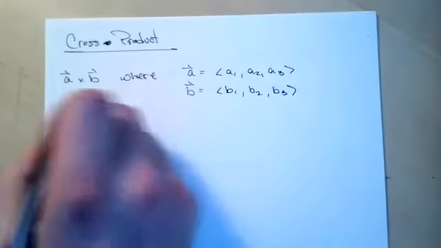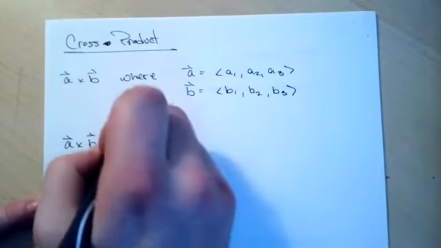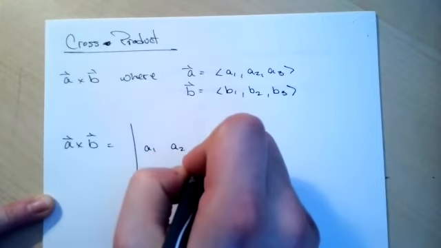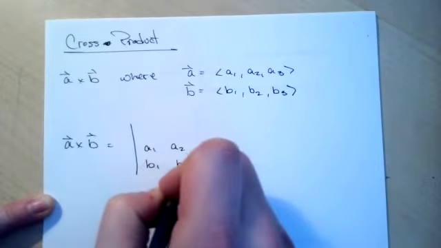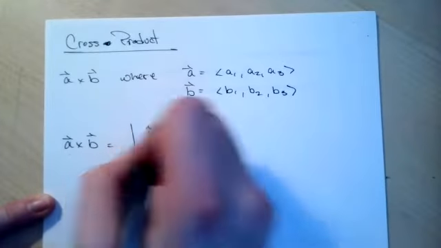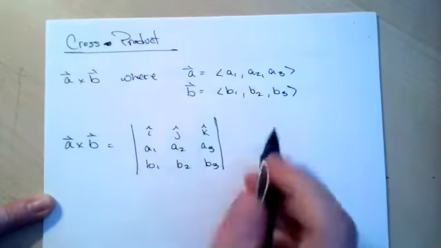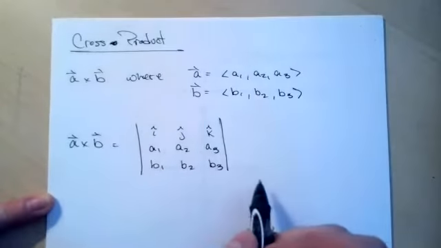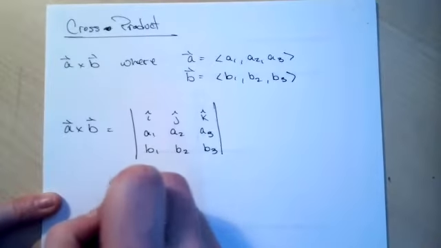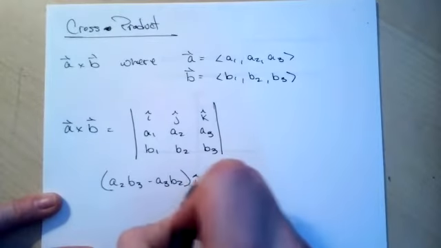So our cross product, how do we do a cross product? You write A and B on rows 2 and 3, and the order is important. In this case, we're using our rows as row vectors, and then we keep track of our generic unit vectors in I, J, and K positions in row 1. And so you want to compute the determinant of this. So we're going to get A2, B3 minus A3, B2 in our I direction.